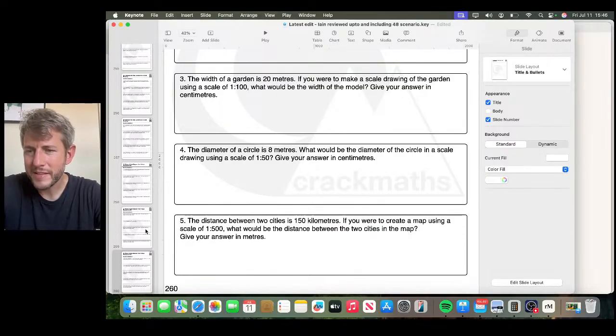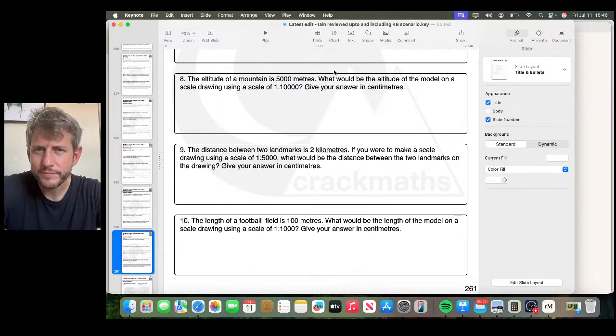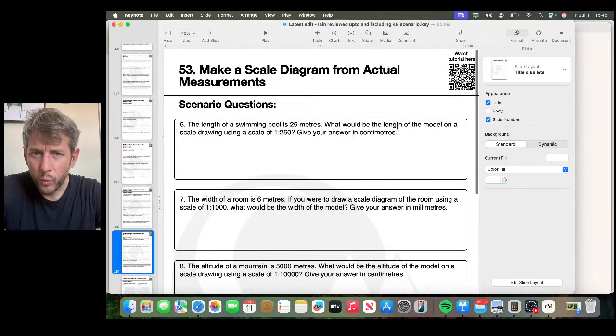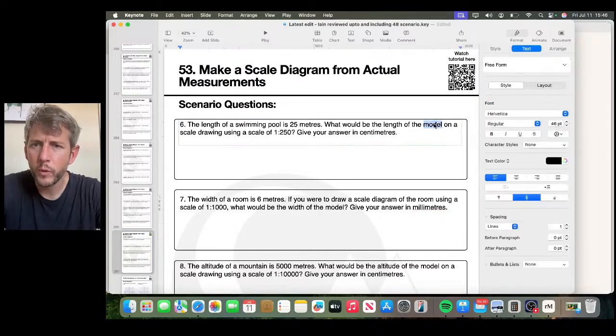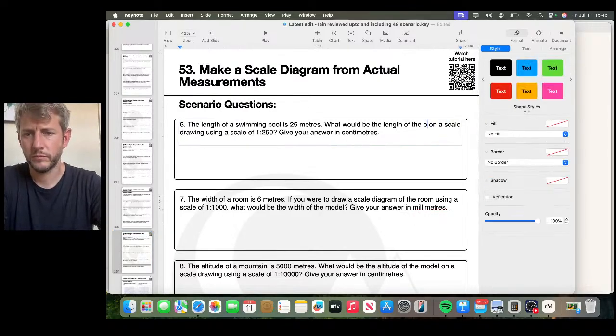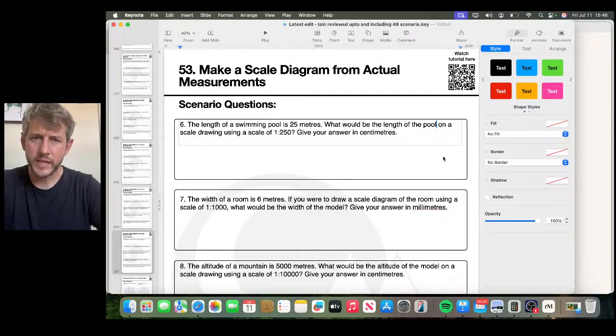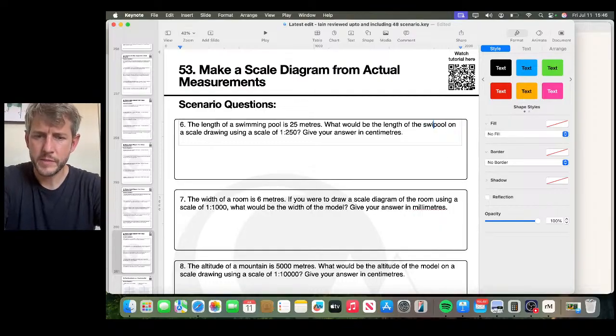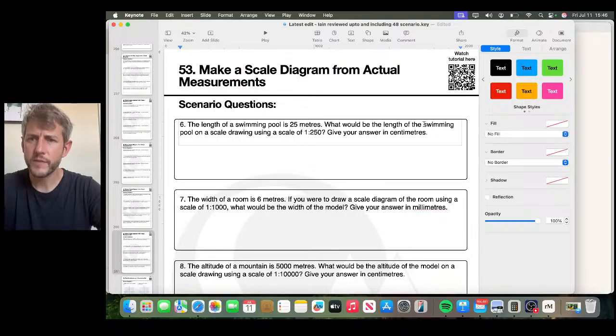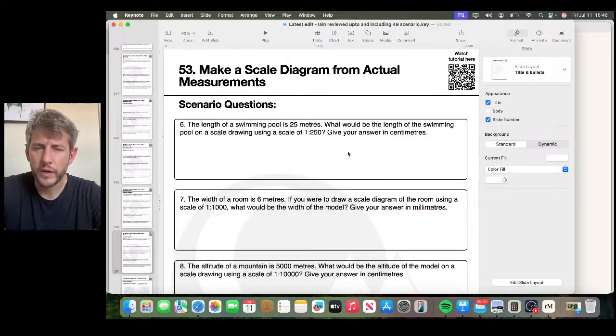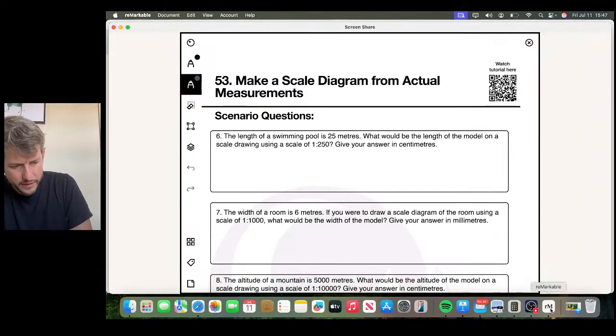I think I was thinking about scale models, scale drawings, and it all went wrong. What would be the length of the pool on a scale drawing? Maybe be specific. What would be the length of the swimming pool on the scale drawing using the scale of 1 to 250? Here we go.